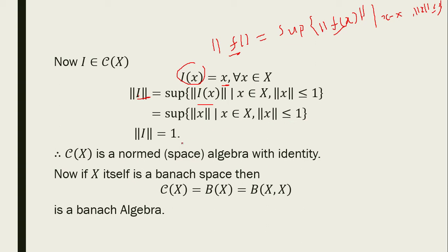So this is equal to 1. So norm I is equal to 1. So script C of X is a normed space with identity.